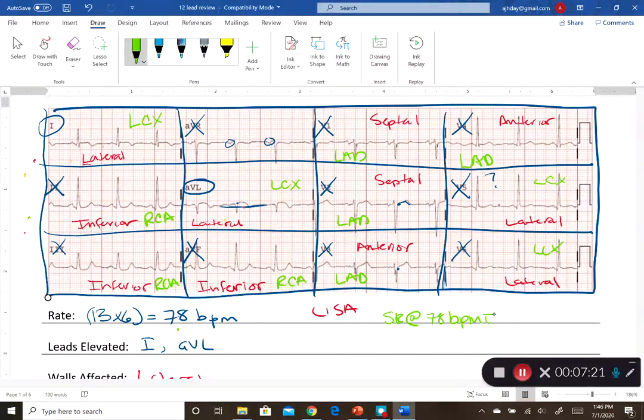And this is where we can now put our wall affected and STEMI. You can just write lateral STEMI, you can write lateral wall ST elevation, however you want to put it. I just put the wall and then STEMI just to indicate that there's a STEMI going on and this is where it's at, and I can tell by looking at my 12 lead.